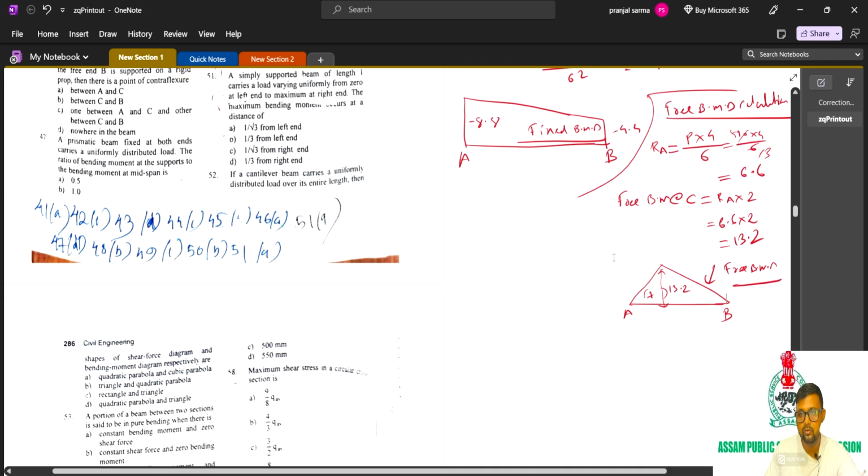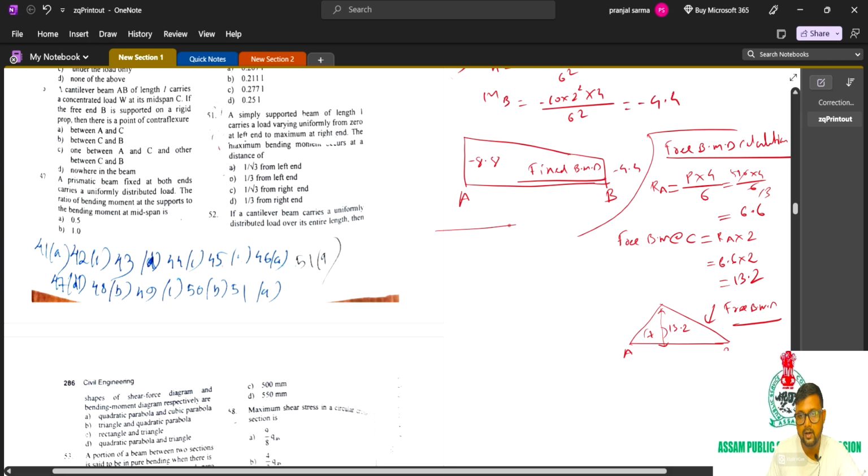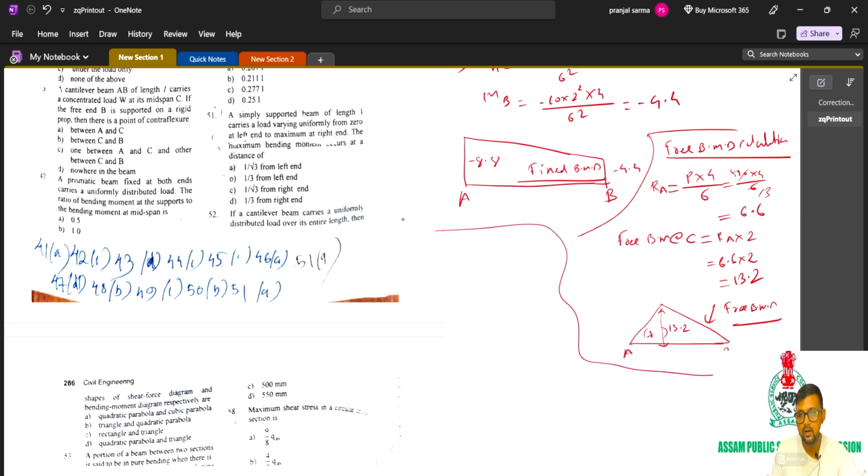Now what we have to do? We have to superimpose, right? Superimposing will get a final BMD. So for this, it is minus 8.8, minus 4.4.